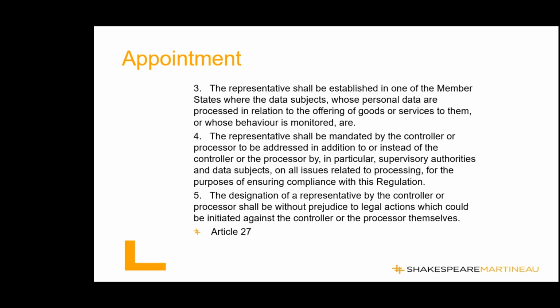The representative, on the other hand, is someone who is mandated by the controller, and there doesn't need to be any particular kind of formality. It can just be under a normal kind of service agreement that you might have with an agent who is already operating within the territory of one of the member states anyway.